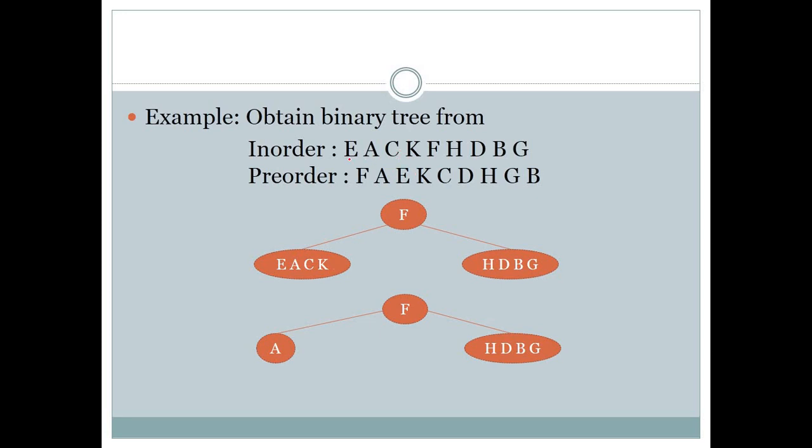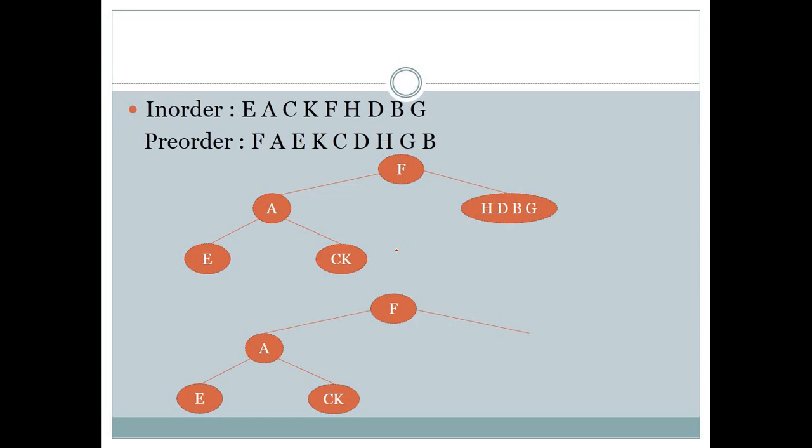If we check EACK, then A will be the root node, E will be on the left side of our A node, and CK will be the right side of root node A. After it, if we check HDBG, here we will see that D is at the first priority in pre-order, so D will become the root node in HDBG.